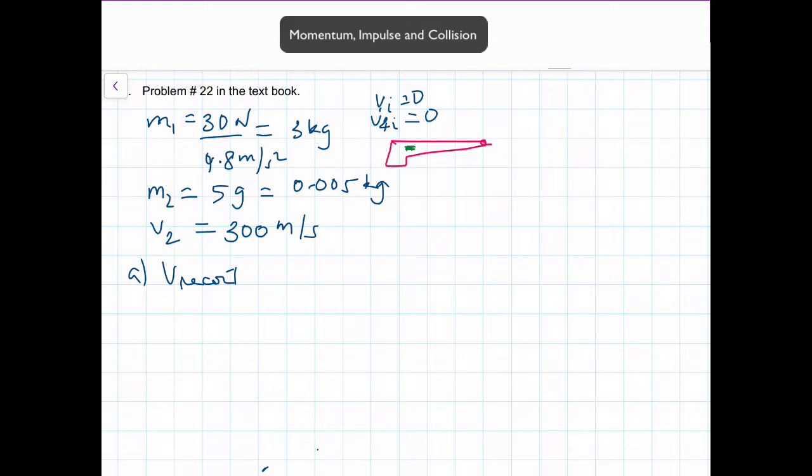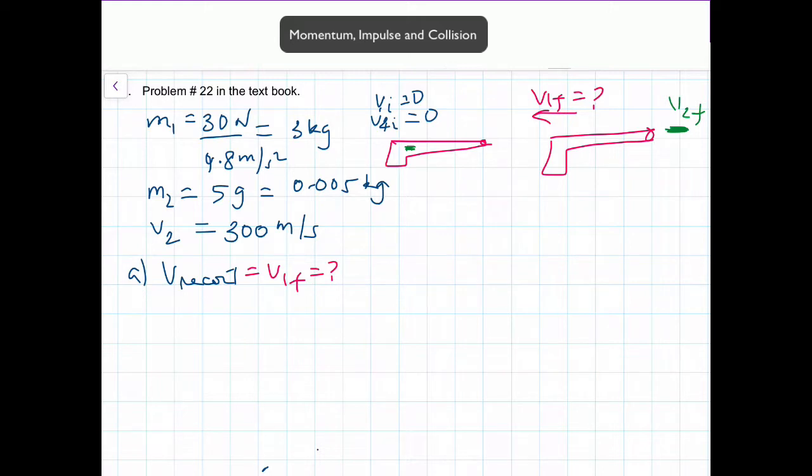Now the second step: the bullet is shot, so it has a final velocity, V2 final. When the bullet moves to the right, the rifle moves to the left. So V1 final is unknown, and you need to find V1 final. That's what the question is. This recoil velocity is, in other words, V1 final.